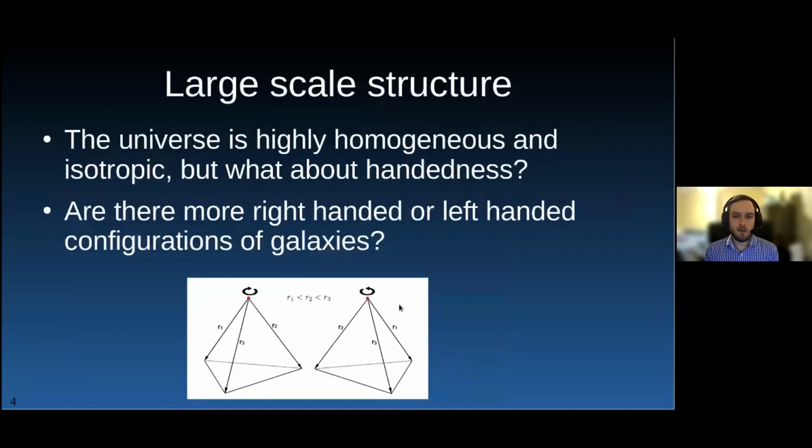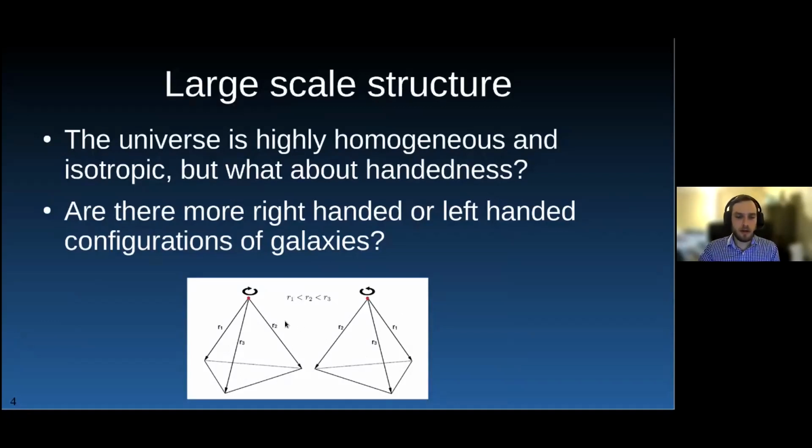So we know that the universe is highly homogeneous and isotropic, but what about handedness? Are there more right-handed or left-handed configurations of galaxies, or are there equal amounts of both? We can actually define the handedness of a quartet of galaxies, a group of 4 galaxies, in the following way.